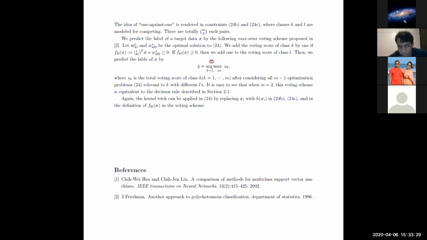So I can predict the label for the target data.